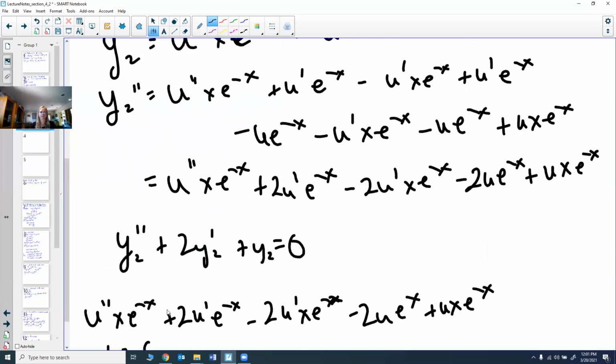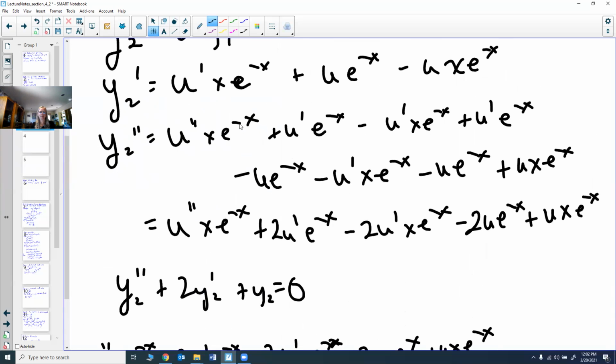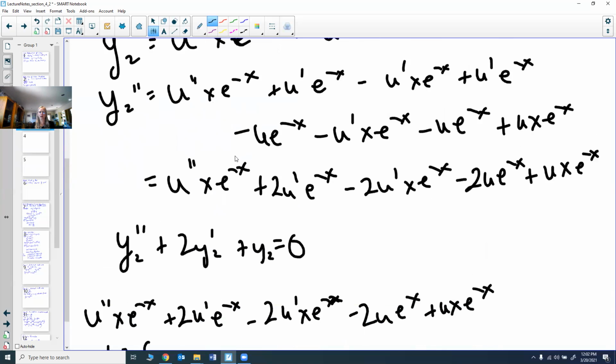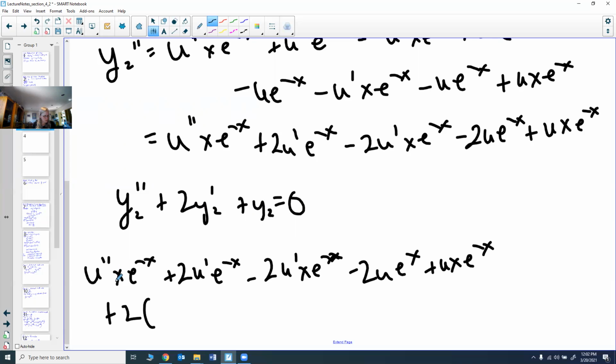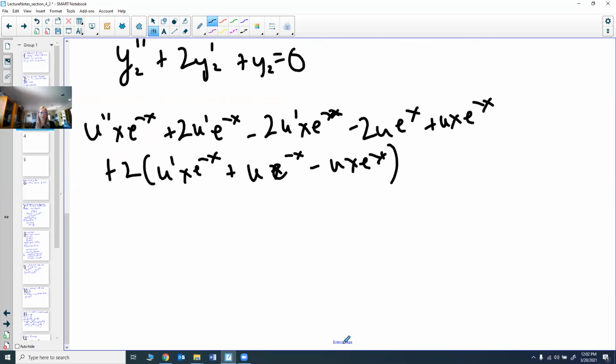Y prime was this u prime x e to the minus x plus u e to the minus x minus ux e to the minus x, and then plus the y, and our y was just ux e to the minus x, and that's supposed to equal 0.